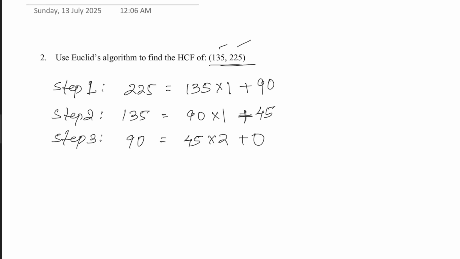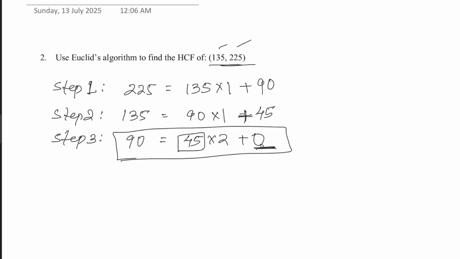So here you can see that in the third step the remainder becomes 0, and if the remainder is 0, then the divisor of that step is considered as the HCF of the given numbers. So the HCF of 135 and 225 is equal to 45.